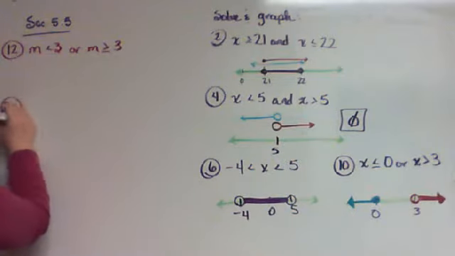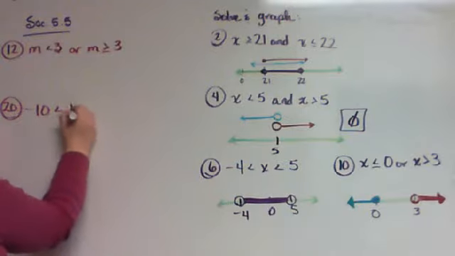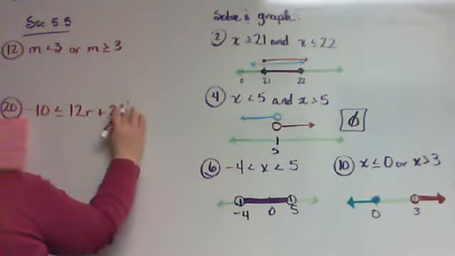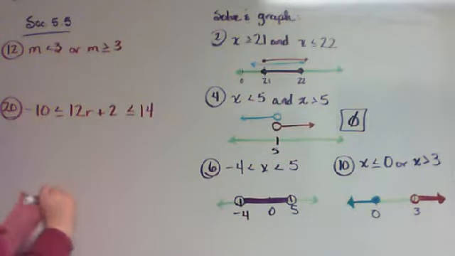Number 20: -10 is less than or equal to 12R plus 2 is less than or equal to 14. A real problem. I like them.